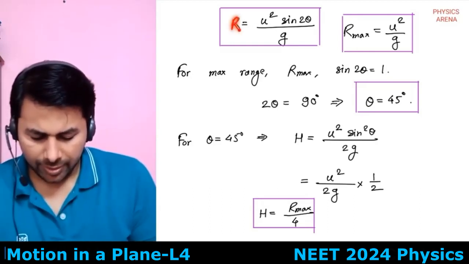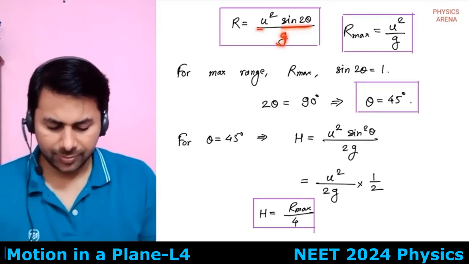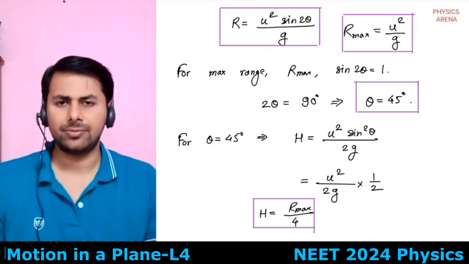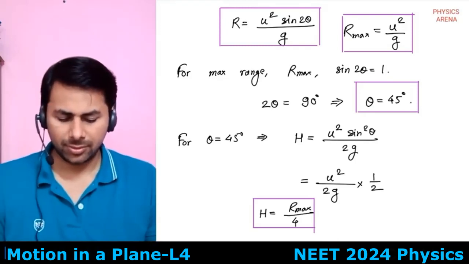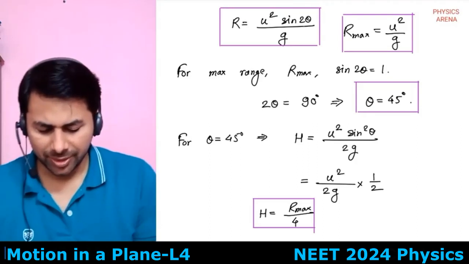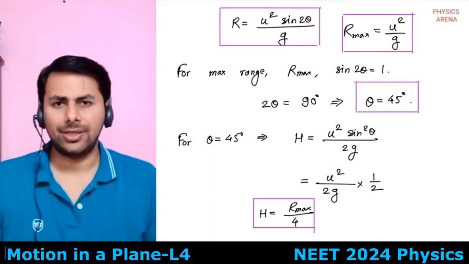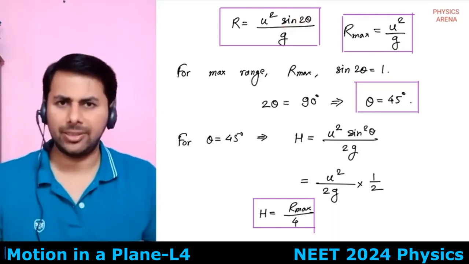So R is equal to u square sine 2 theta upon g. And now tell me when this thing will be maximum. This will be at 45 degrees, because when 2 theta is 90 degrees, sine can be at max 1.